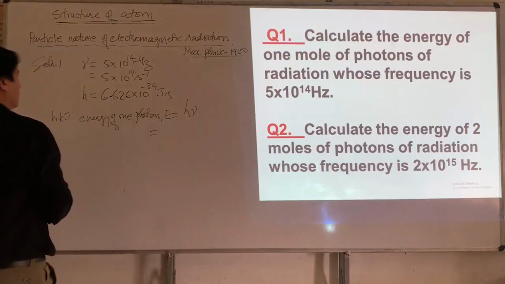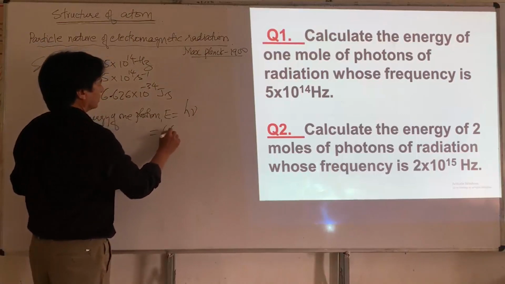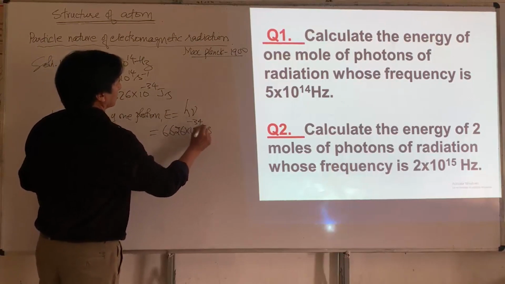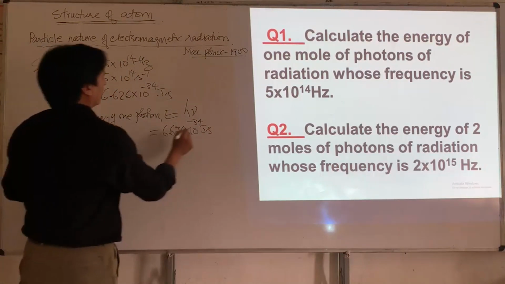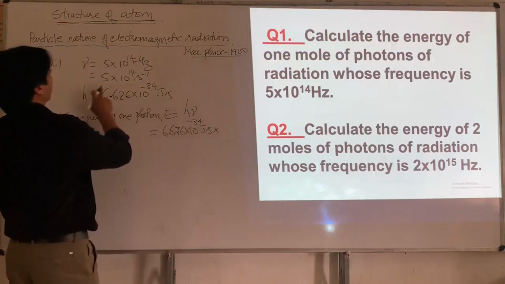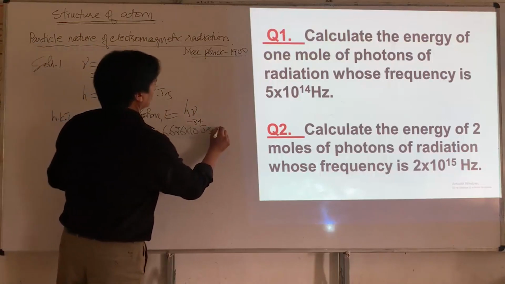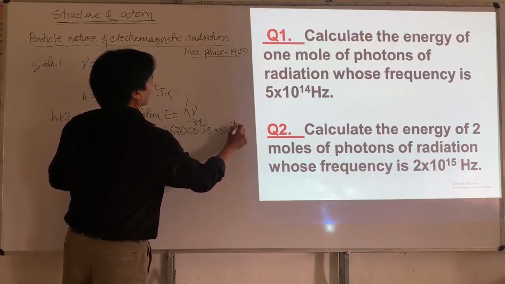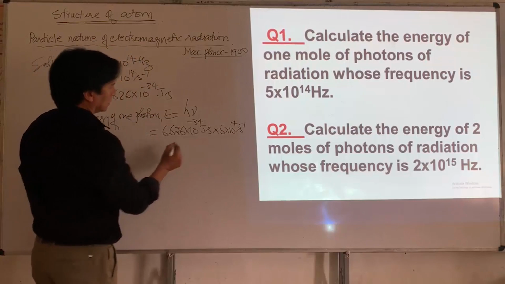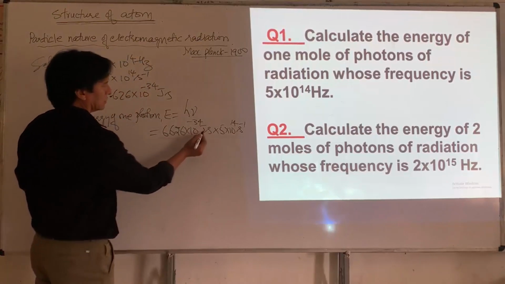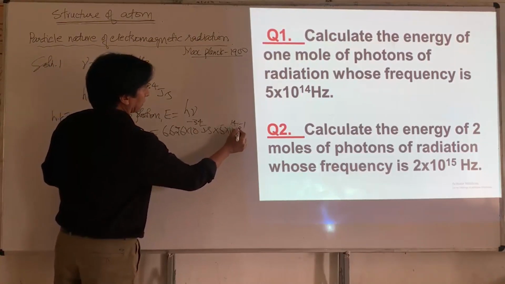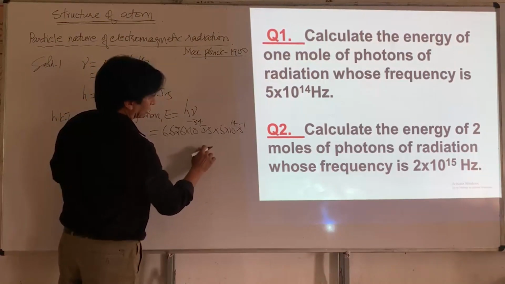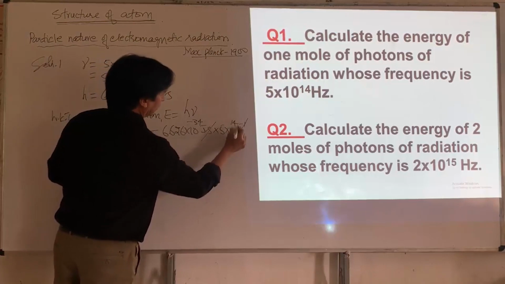So your h here is 6.626 × 10^-34 joule seconds multiplied by nu, that's the frequency, 5 × 10^14 per sec. As far as these units are concerned, this is second, this is per sec. Per sec means you bring it down as second to the power -1, so it will get cancelled.